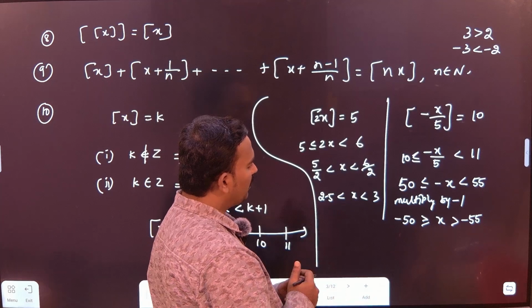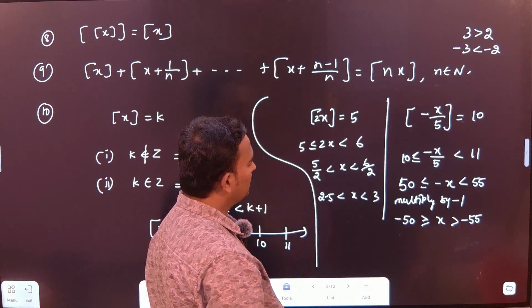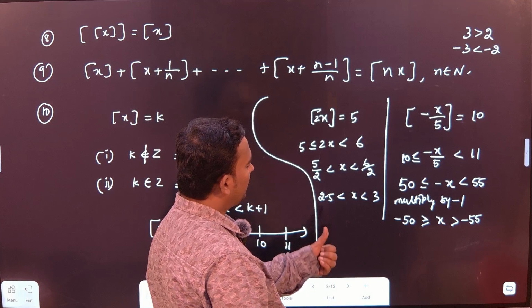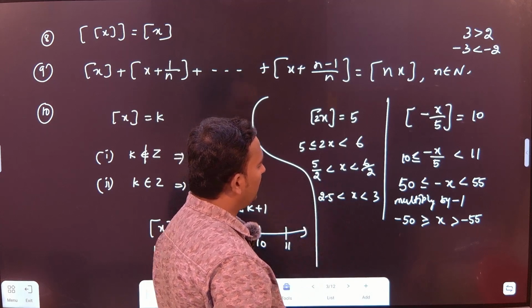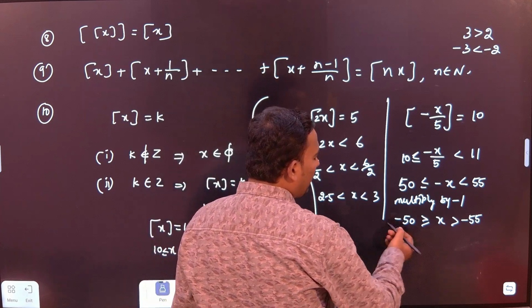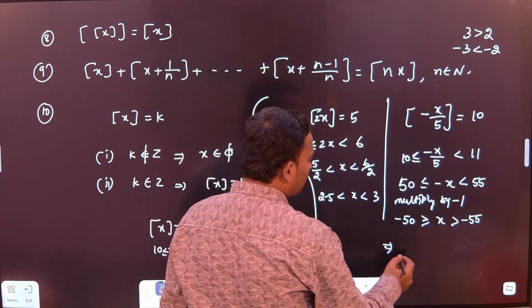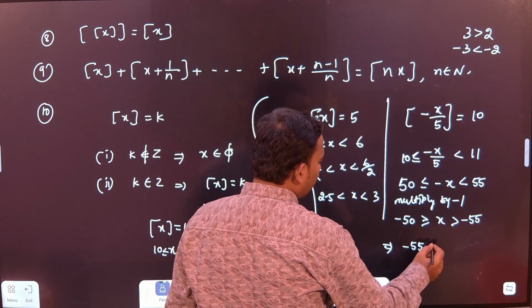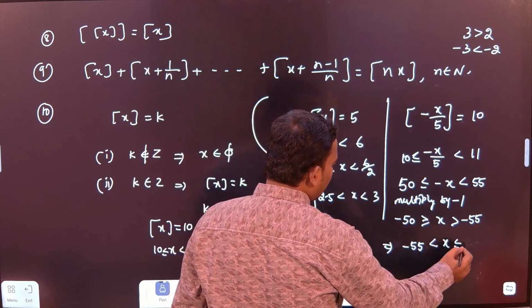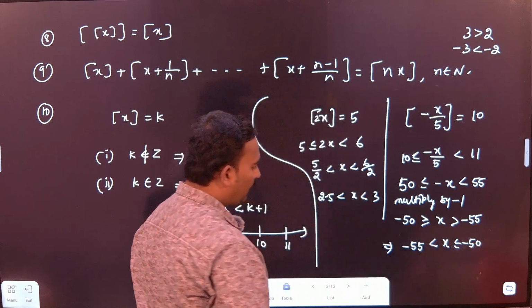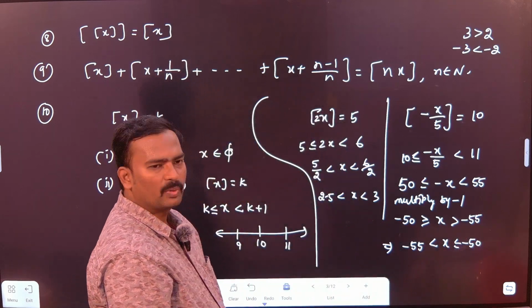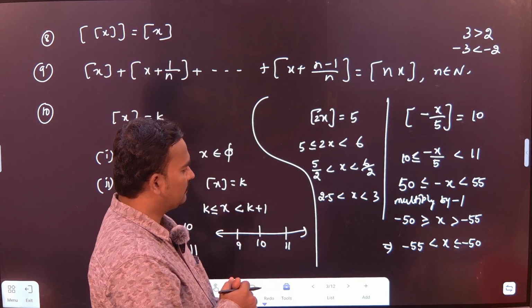So when you rearrange it, write the smallest one first: minus 55 is less than x, which is less than or equal to minus 50. Clear? I hope everyone understood.